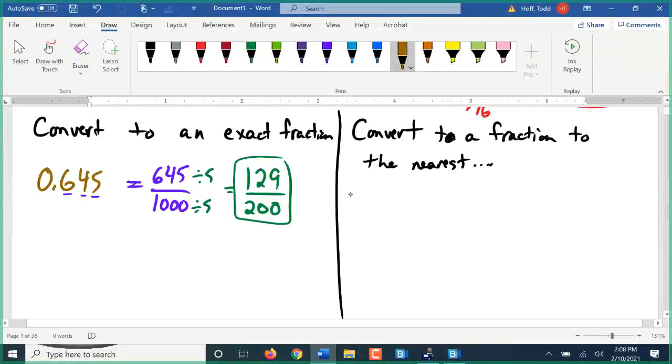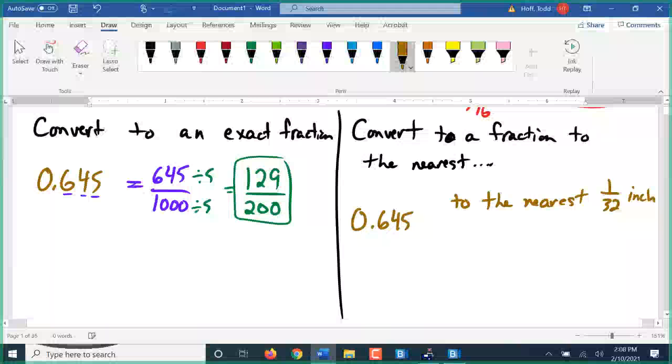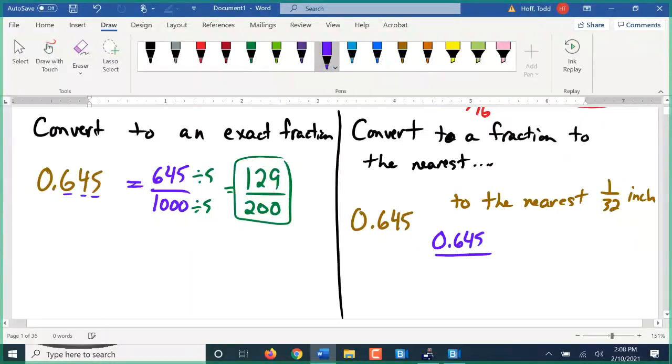Let's over here take 0.645 to the nearest. Well, we did to the nearest 16th last time. Let's go to the nearest 32nd of an inch this time. So just like we did up above, we're going to take the 0.645, and instead of taking out the decimal point and putting in the denominator according to the place value, we're going to leave the decimal point in it and just put it over 1.